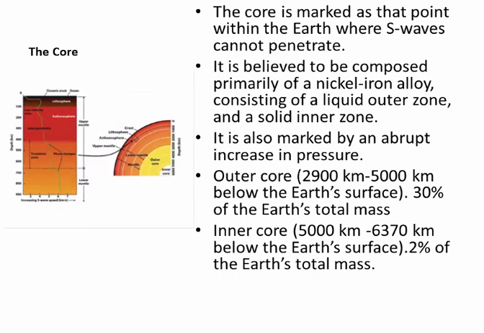So of the three regions, it is only in the earth core that the seismic wave, or what we call the shear wave or S wave or secondary wave, does not propagate. It is believed to be composed primarily of nickel iron alloy consisting of a liquid outer zone and a solid inner zone.